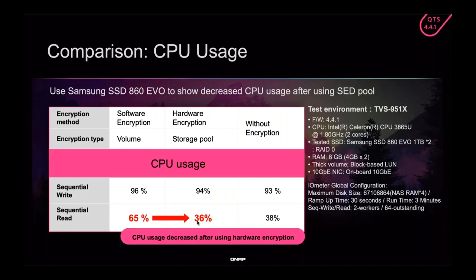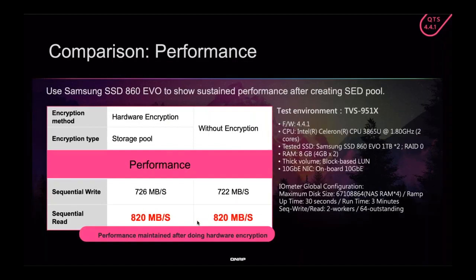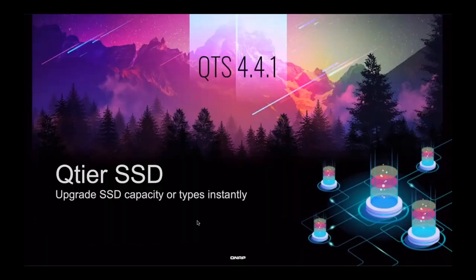Basically, the NAS CPU does not have to really work any harder than if you didn't have encryption at all. We also compared SED hardware encryption to just not having encryption, and the performance was about the same. So that's what SED is about. It's having encryption without the performance penalty.